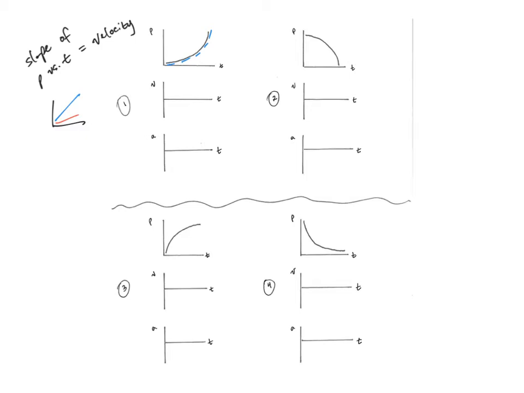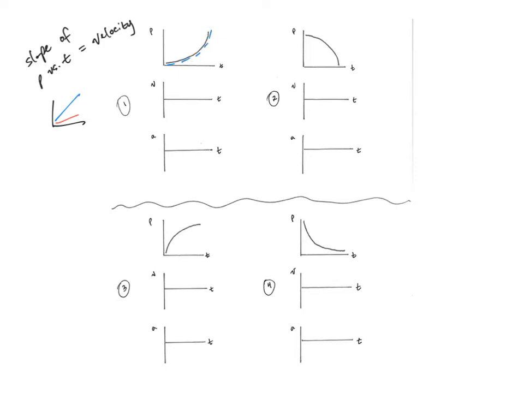Now, the next piece that we really need to figure out here is, how do we go from a position versus time graph and create a velocity versus time graph and create an acceleration versus time graph? So again, this object is starting out moving slowly and it's getting faster and faster in that positive direction.